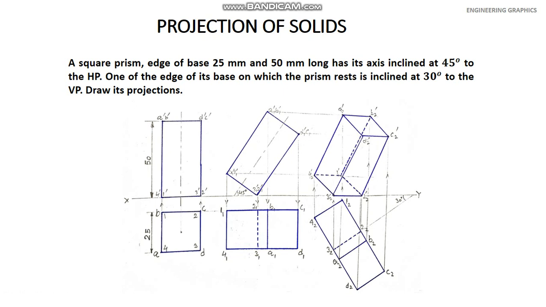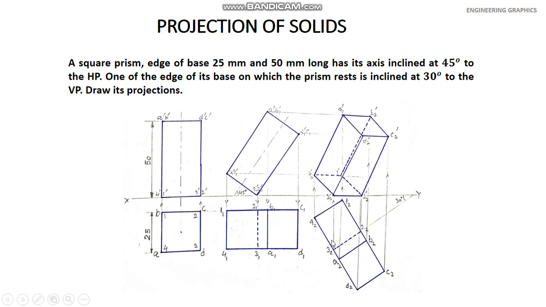But in the statement, it is written that this resting edge should be at an angle of 30 degree to VP. So in the third step, draw a line at 30 degree to VP and mark this distance, which is shown here in the second step. This is the resting edge. So mark the resting edge on this line and tilt this view in this way.